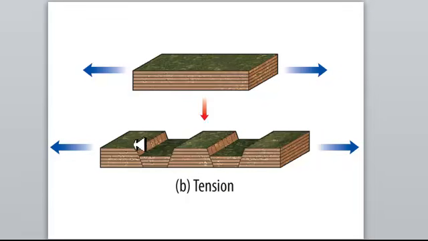What will happen is fractures will form in the rock, and then gravity will just pull blocks of rock downward along those fractures, which we would then call faults. And so it results in a different type of faulting compared to what we saw forming due to compression. So later on in the learning module we'll go over the different types of faults and how they form as a result of different types of stress.